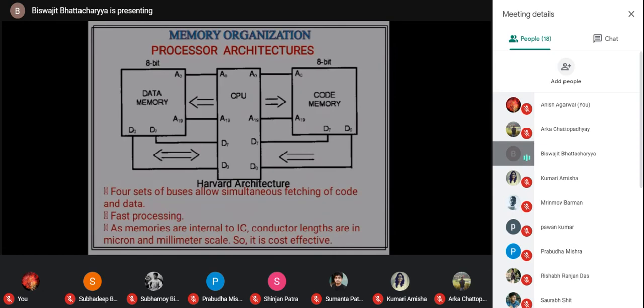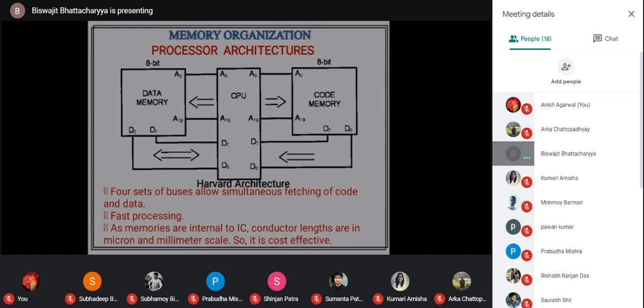So the cost is very much reduced here as the length of the conductor is quite small. In these cases, two sets of address buses and data buses can be afforded and connected.